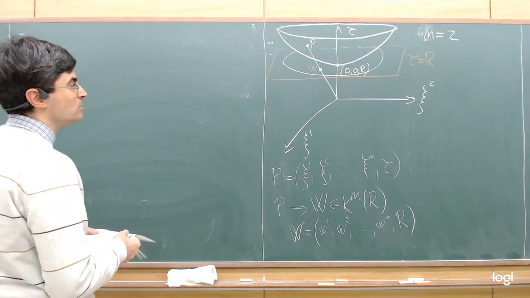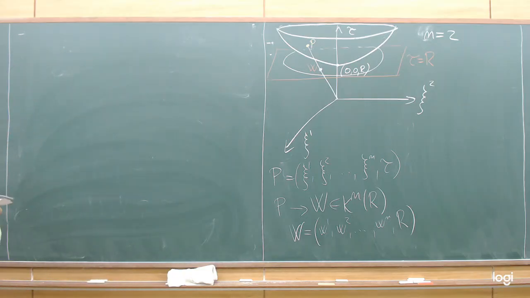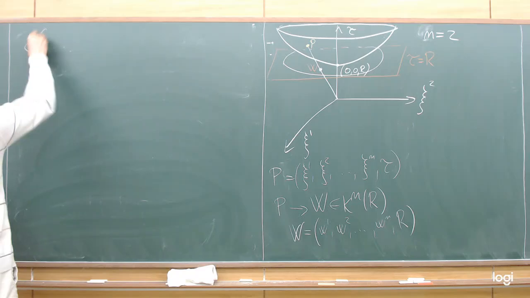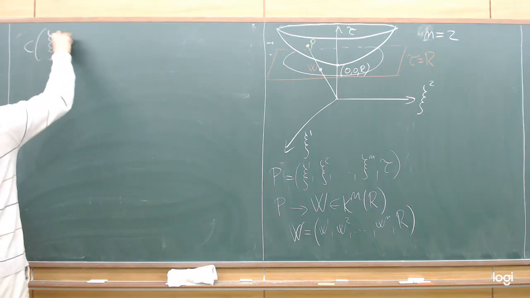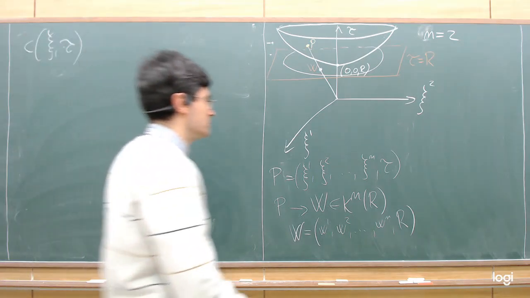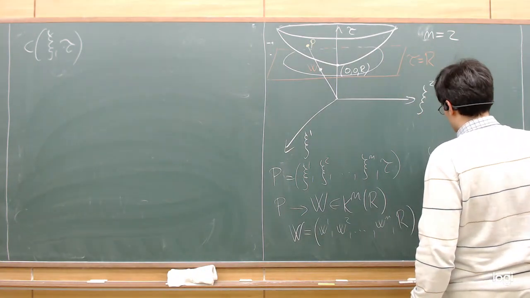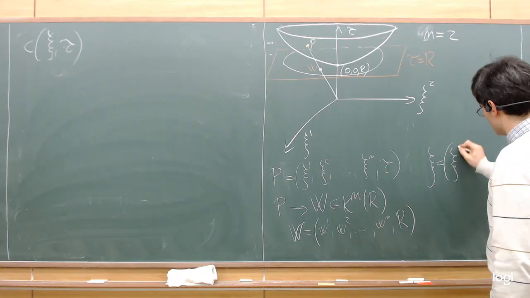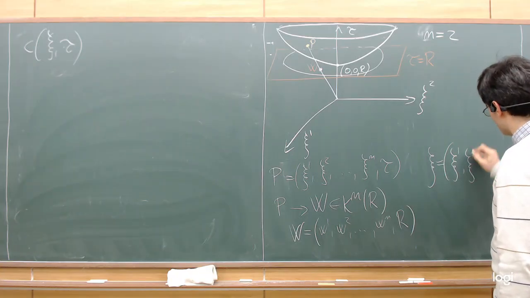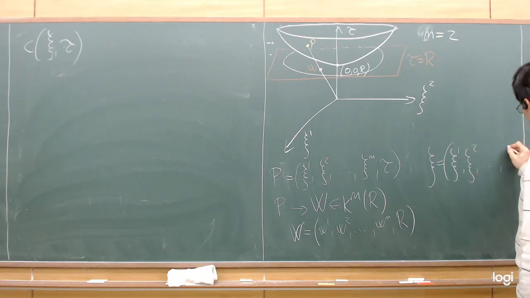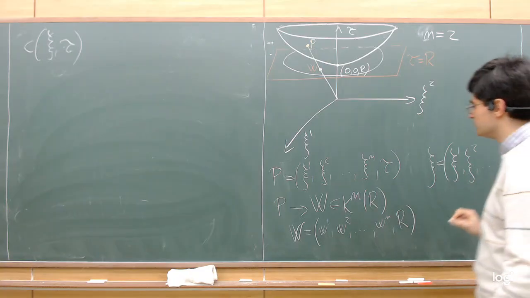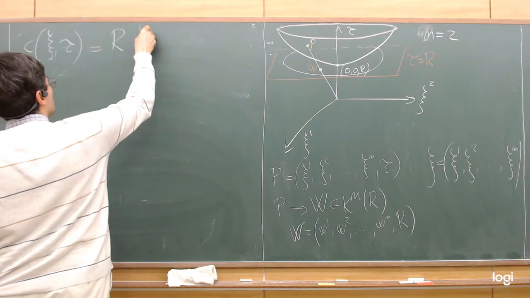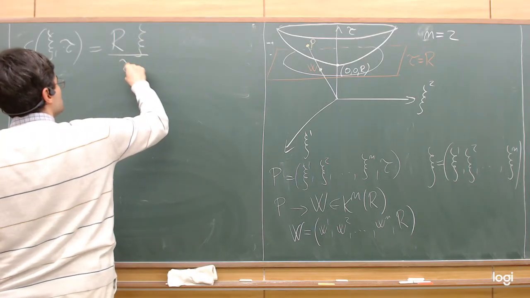And some relatively simple computations show that C of (xi, tau), where xi denotes xi_1, xi_2, ..., xi_n, is equal to r xi over tau.